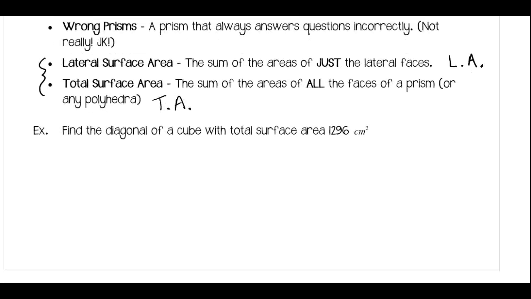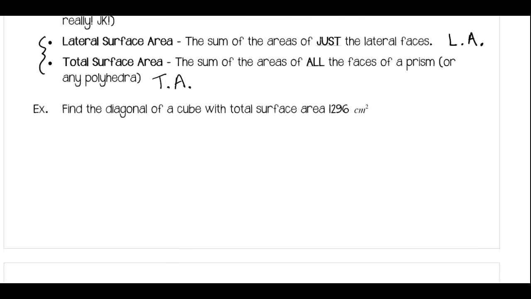Alright, so let's take a look at an example here. We want to find the diagonal of a cube with a total surface area of 1,296 centimeters squared. So here's my cube. And I know, since it's a cube, that each face is going to be a square.